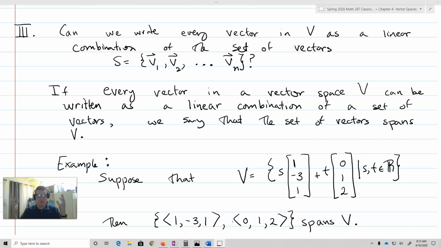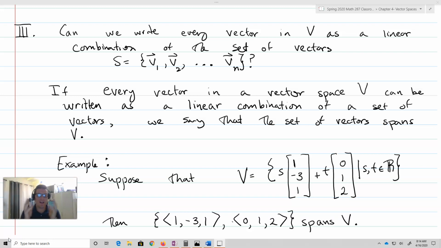Now, a natural question that a mathematician might have about this is: if I could determine whether or not one vector is in the span of another set of vectors, is it possible to determine whether or not all of the vectors in a space are in the span of that set? Asking whether we can write every vector in a certain space as a linear combination of this set of vectors is asking whether this set of vectors spans that vector space or subspace.